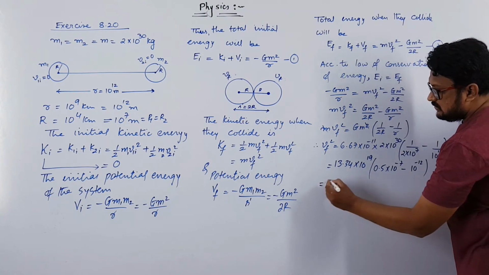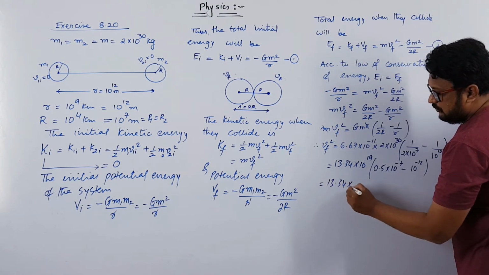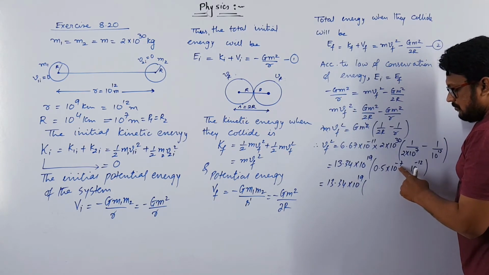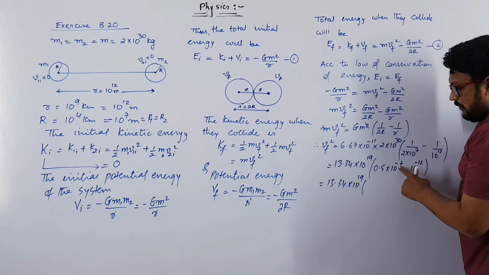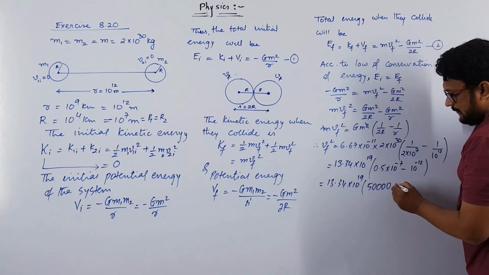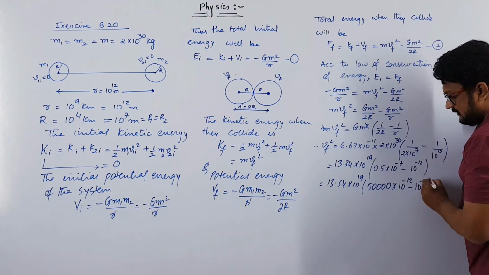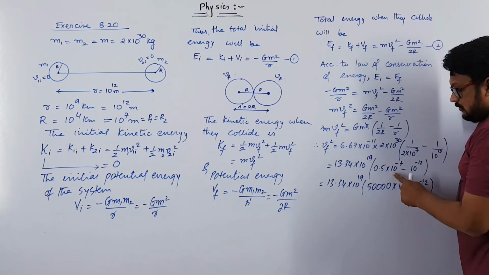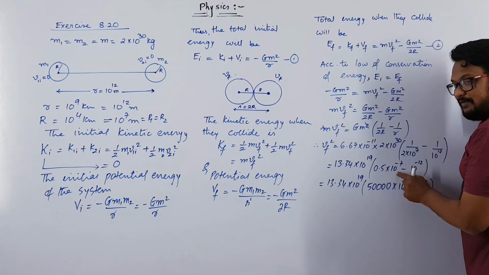So this is 13.34 into 10 to the power 19 into, this will convert into minus 12. So we have to add 5. So 1, 2, 3, 4, 5. Into 10 to the power minus 12 minus 10 to the power minus 12, right? You multiply this by 10 to the power 5 and divide by 10 to the power 5. So this will be 10 to the power minus 12 by dividing 10 to the power minus 5.